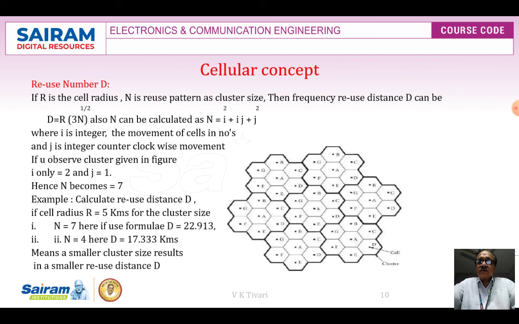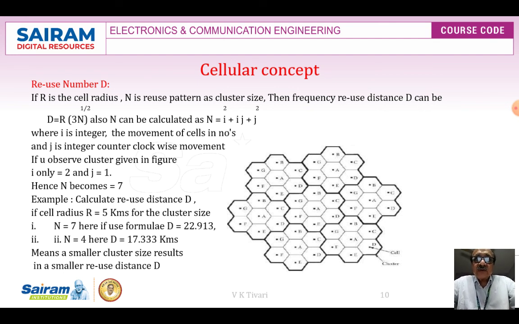Reuse number D. You can see here we are talking about the D/R ratio. D/R ratio: D by R equals (3N) to the power 1/2. N can be calculated by N = i² + ij + j². So this will depend on how you use the reuse frequency. You can see here, one boundary of one sector, if it is moving in the sector where 7 cells make one sector, if you move from F to A to C in one direction, and then anti-clockwise it moves only 1.